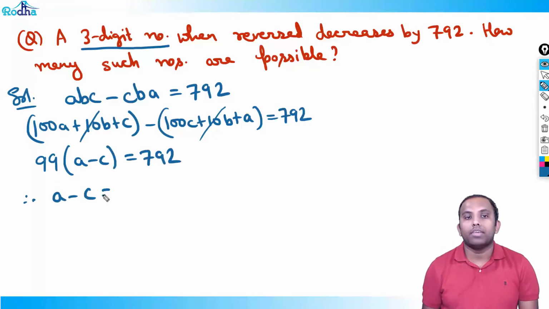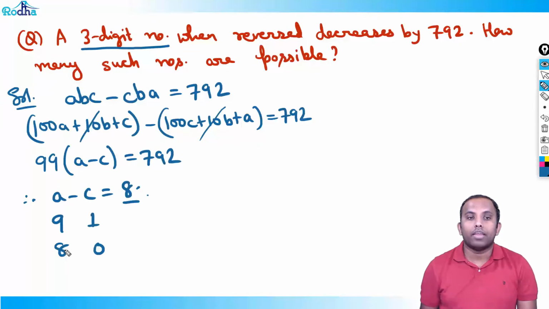Therefore, A minus C is equal to 8. If A minus C is 8, A can be 9, C can be 1, or A can be 8, C can be 0.